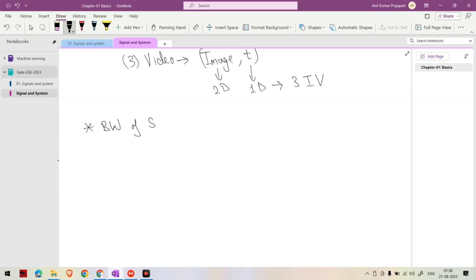Another parameter is randomness, as we already discussed during the definition of information. So these are two important characteristics of a signal.